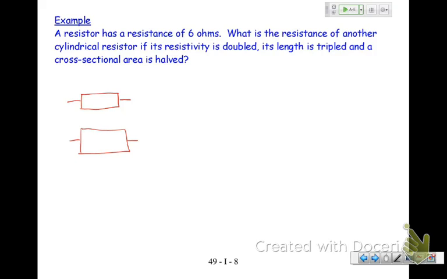But for those of you who have done some of this, which do you see more often? Do you still see the squiggly line? But if you see squares all over the thing, it's standing for resistors.